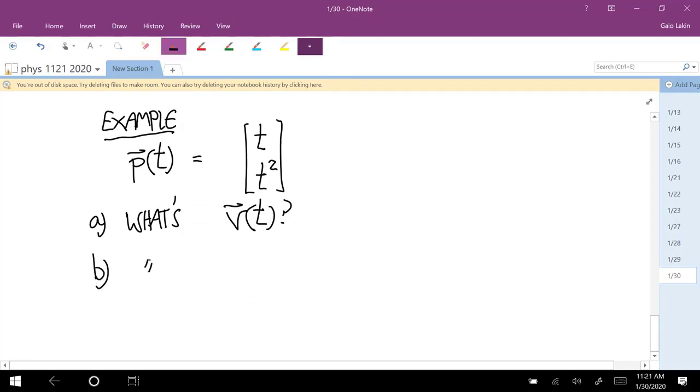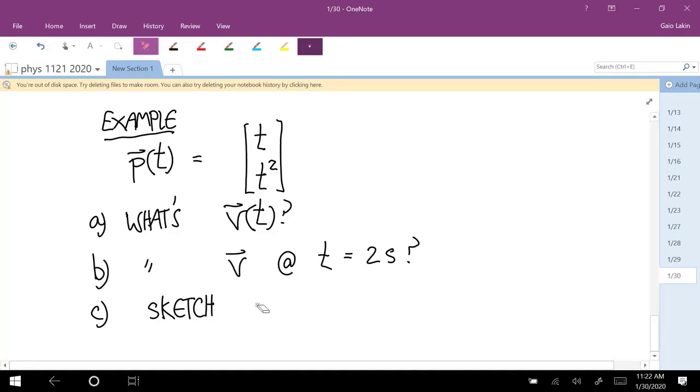Second, what's the velocity vector at time, let's do 2 seconds. And then let's sketch the path. Let's sketch the motion in the physical world.